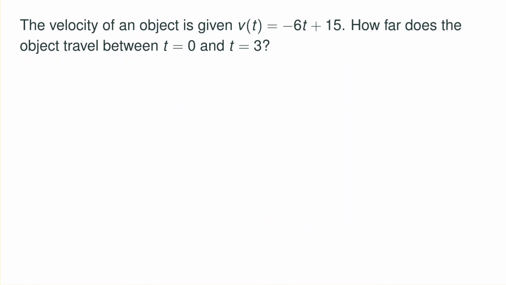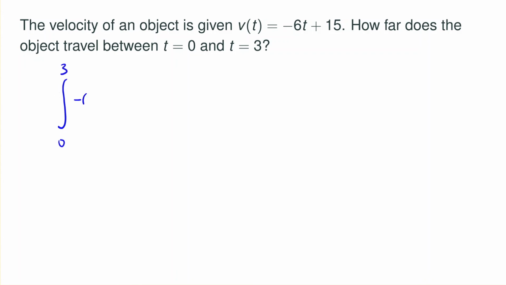The velocity of an object is given by v(t) equals negative 6t plus 15. How far does the object travel between t equals 0 and t equals 3? So here, taking the definite integral between 0 and 3 of the velocity with respect to time will give us the distance it traveled, because the definite integral gives us the net change.